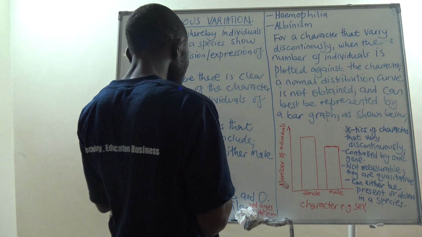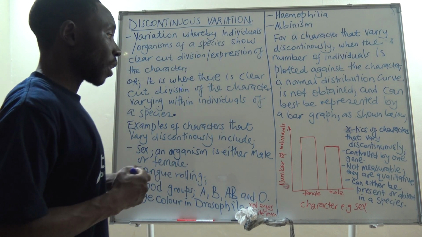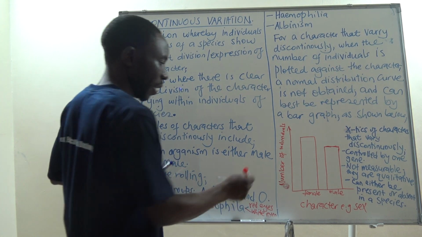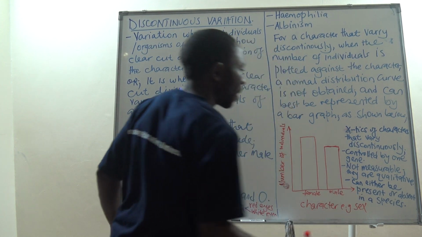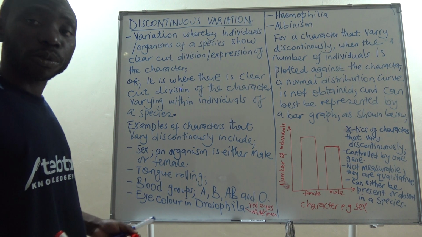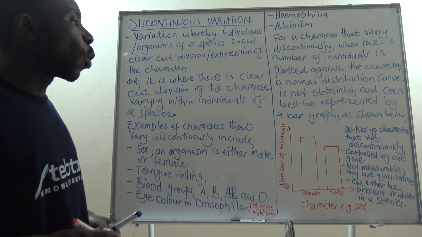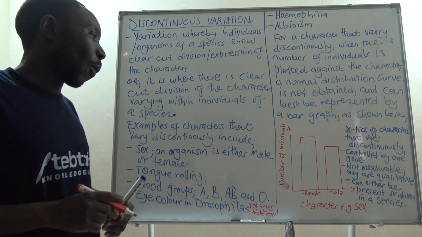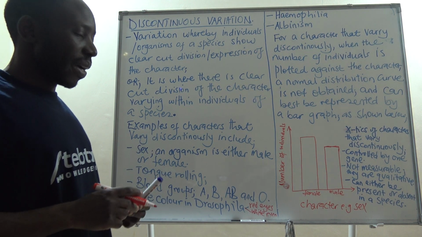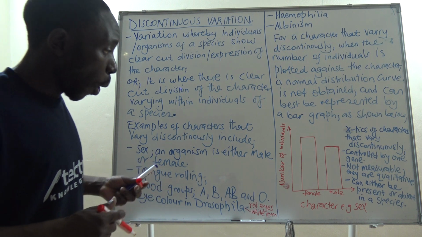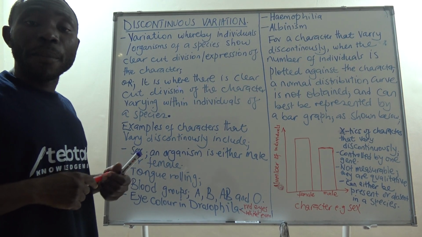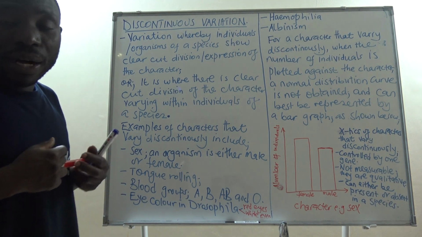So, those are characteristics of characters that vary discontinuously: controlled by one gene in most cases, not measurable so they are qualitative, and can either be present or absent in a species. So, members, let us meet another time.